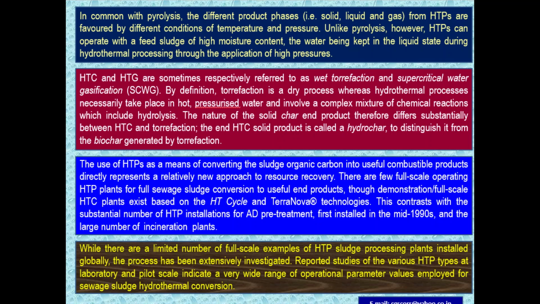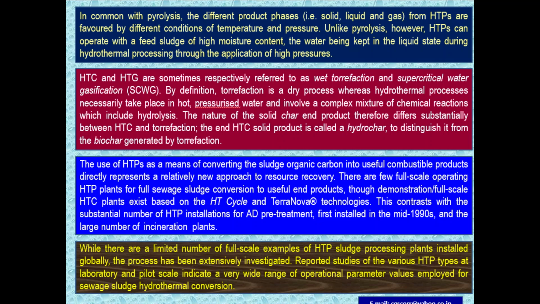Hydrothermal carbonization and hydrothermal gasification are sometimes respectively referred to as wet torrefaction and supercritical water gasification. By definition, torrefaction is a dry process, whereas hydrothermal processes necessarily take place in hot, pressurized water and involve a complex mixture of chemical reactions which include hydrolysis.